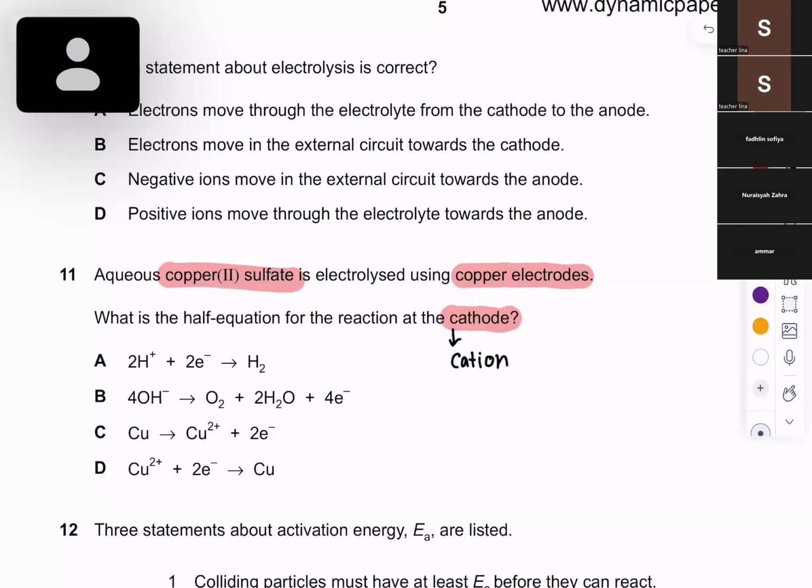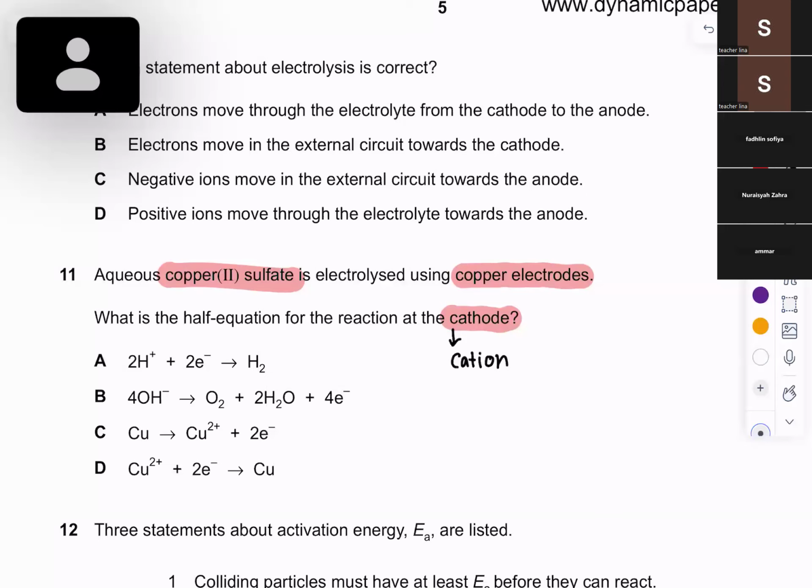But sometimes you get confused: is the cathode positive or negative? You remember now, but during the exam you can panic, and when you panic the level of confusion gets higher. Even though you actually know it, you feel unsure.